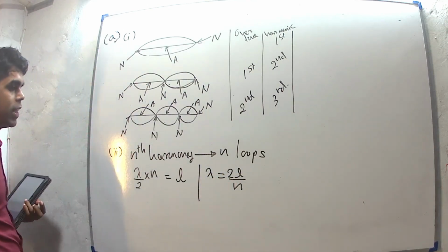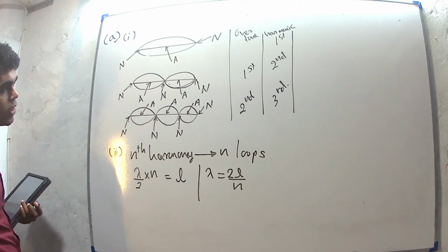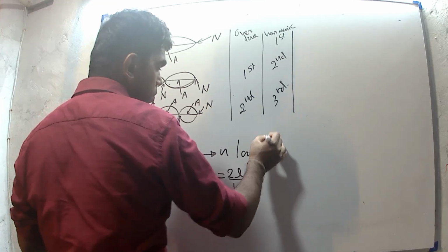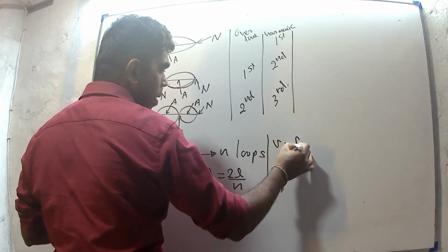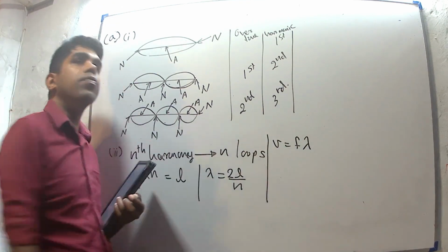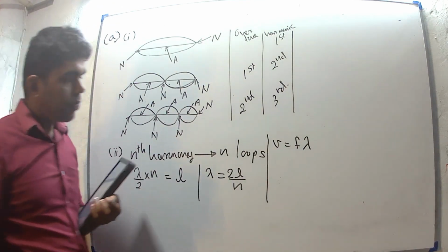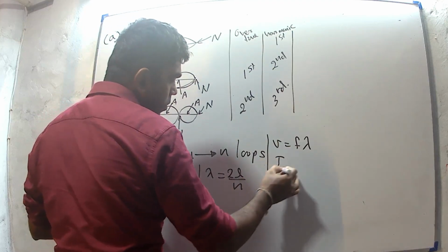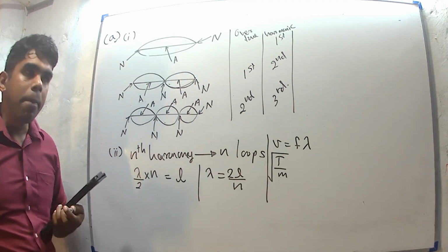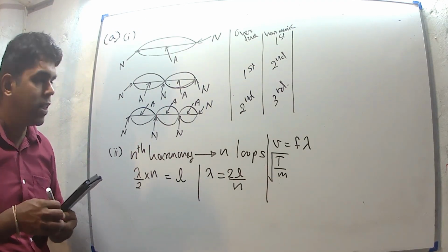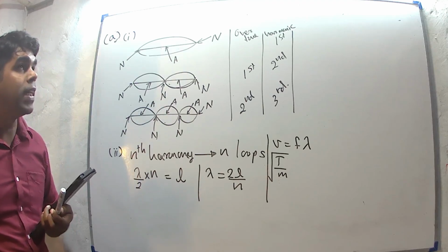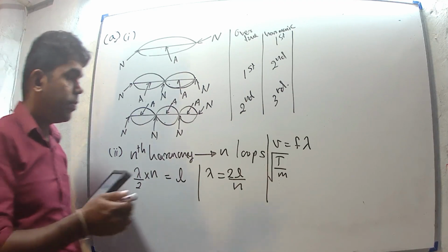Now we have to write the relationship for frequency. We can use V equals F lambda. Velocity of wave in the string is given as root of T over m, where T is the tension and m is mass per unit length. Mass per unit length means mass of a 1 meter length of wire.